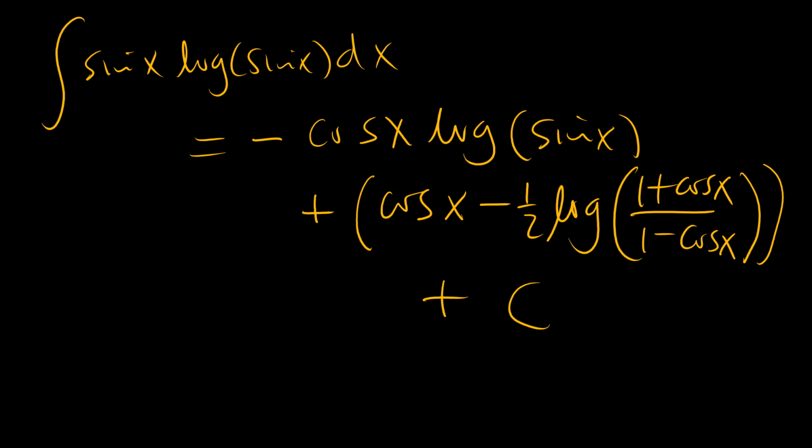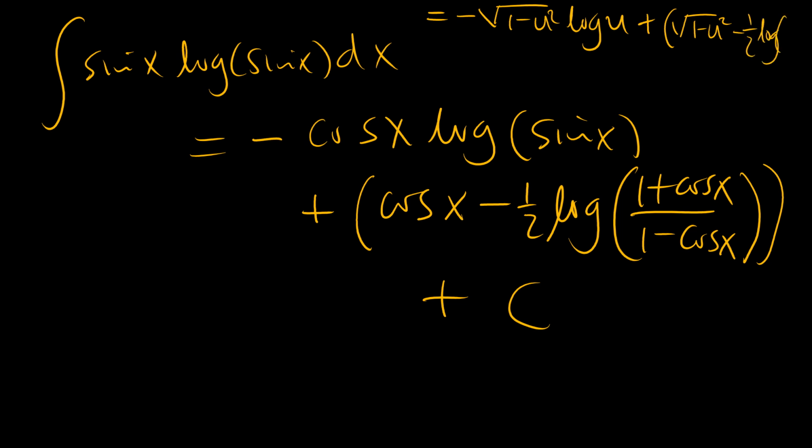Now, for those of you who may be wondering where this is all coming from, previously we had seen that our integral had come to a point where we have negative square root of 1 minus u squared log u plus bracket square root of 1 minus u squared minus a half log of 1 plus square root of 1 minus u squared over 1 minus square root of 1 minus u squared close bracket plus c.